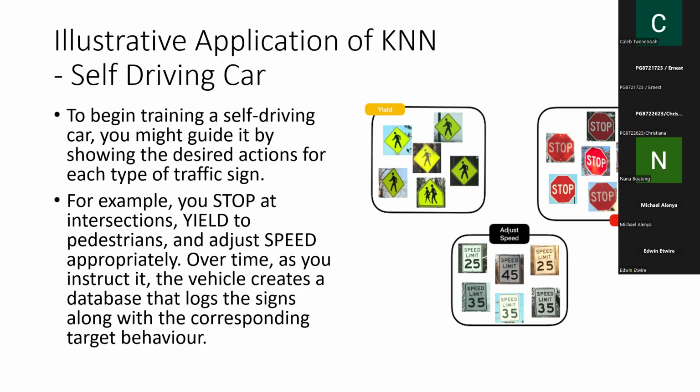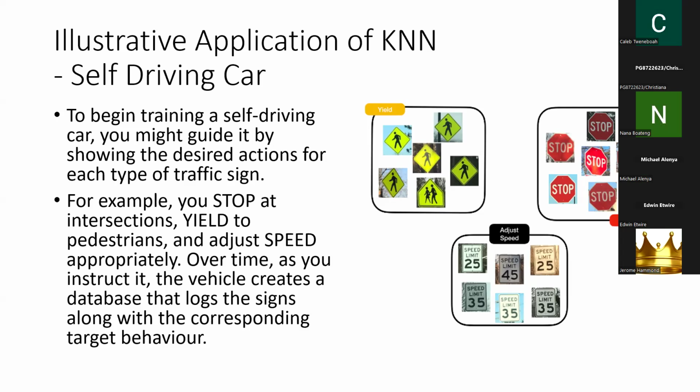So let's say we have this. How can we apply KNN? Say you have a car which has cameras and which can capture the road signs, and you are being asked as a data scientist, how can we use KNN to train the car? To train the car in order for it to know when to stop, or to determine whether it is at a pedestrian crossing, or when to adjust its speed limit.